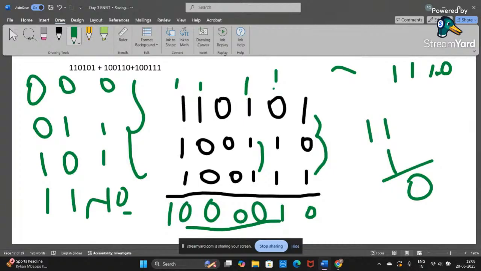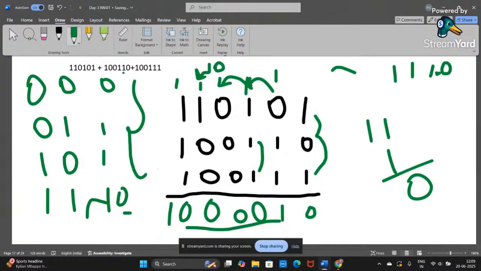Likewise, here also it is carry forwarded. And from here also it is carry forwarded. 10 is carry forwarded here. So in that 0 plus 0 plus 0 plus 0 it is 0 and 1 will be the carry forward to the next one. So 1 plus 1 it is 0 and 1 will be carry forwarded, and 1 plus 1 it is 10. So the final answer is 1 0 0 0 1 0.